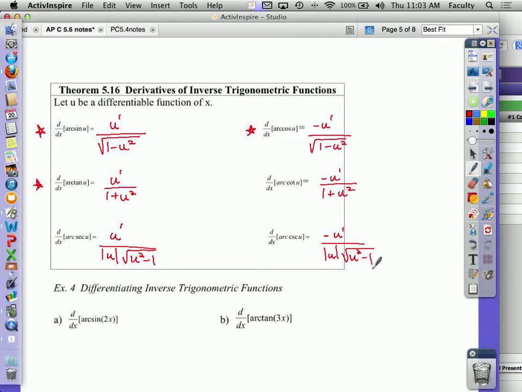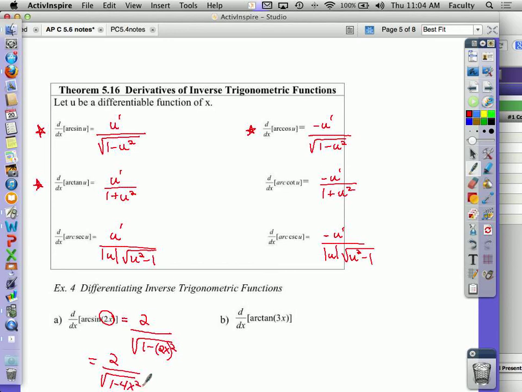All right, in example 1, if I want the derivative of arc sine 2x, that means 2x is my u. So arc sine says you take the derivative of that, which is 2, over the square root of 1 minus 2x squared. When you do 2x and square it, that's 4x squared.